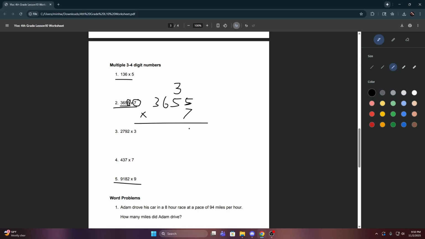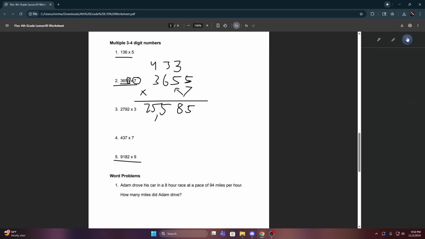Move that tens place up and bring the ones place down. Then we multiply across. 7 times 5 is again 35, but we added 3, so it's 38. Then 7 times 6 is 42. Added 3 is 45, so 4 goes up, 5 stays at the bottom. 7 times 3 is 21, plus 4 is 25. And this is your answer.